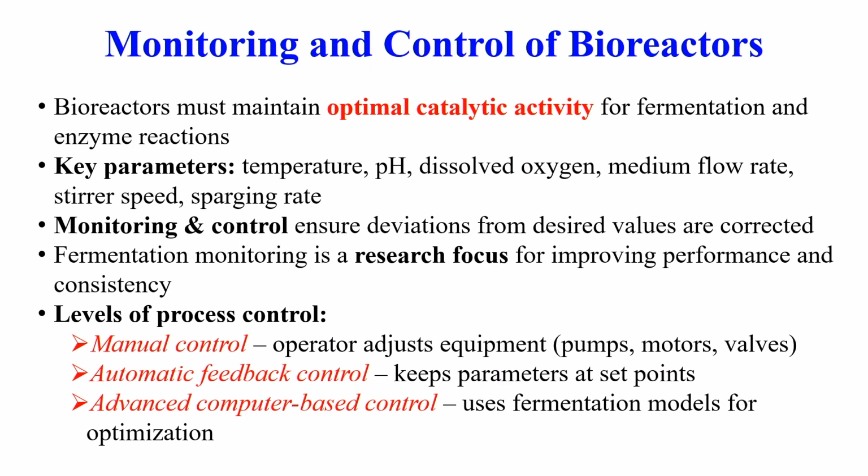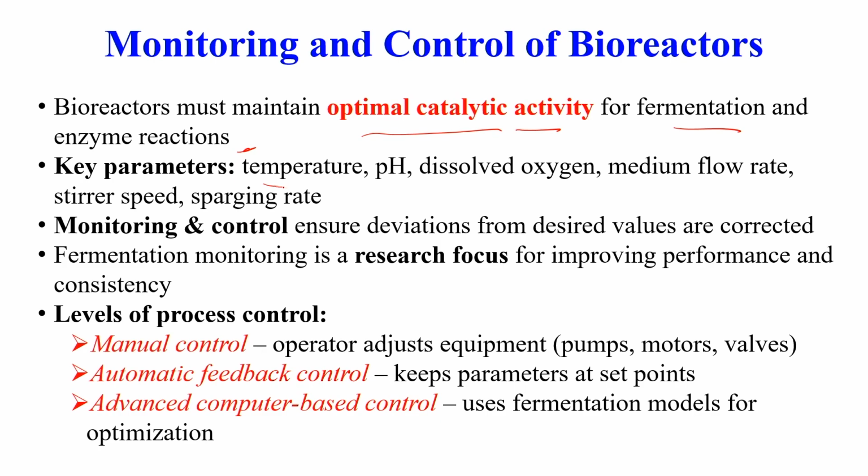So, monitoring and control of the bioreactor. As I discussed earlier, the bioreactor must maintain optimal catalytic activity or optimal biochemical reaction for both fermentation and biochemical reactions. And what are the key parameters?